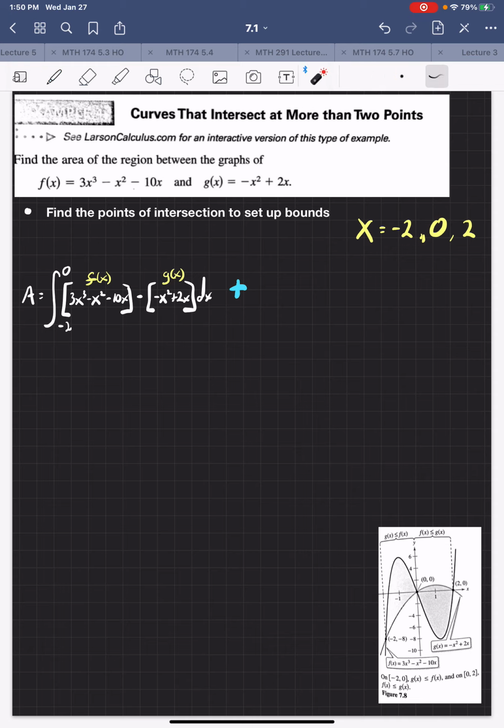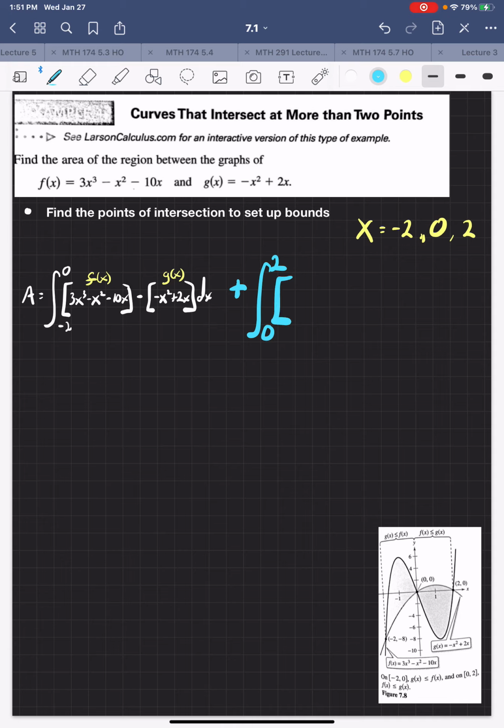Add. So again, the first integral just gives me this area. Plus, I need to figure out this area as well. So plus the integral, and now we're starting at 0 and we're proceeding to positive 2.